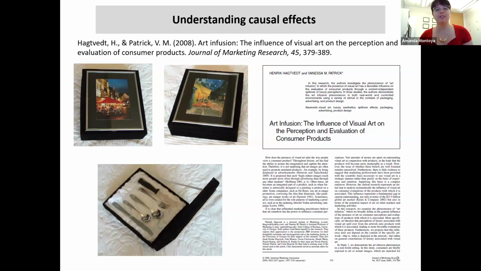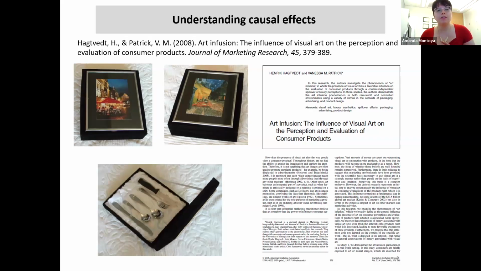And they were really interested in this idea of art as being part of the packaging. Because there is some theory that suggests that people assume that art means things are a luxury. So they essentially randomly assigned each participant to look at this set of silverware.